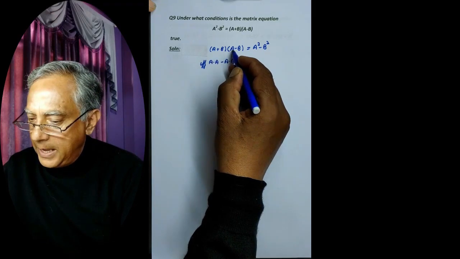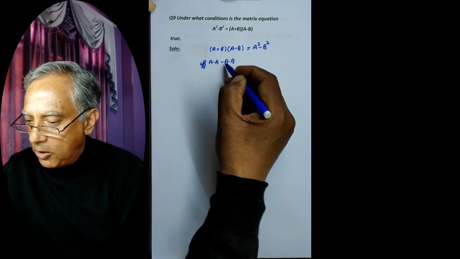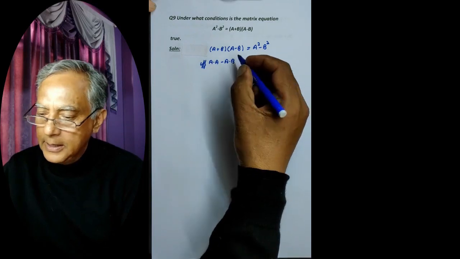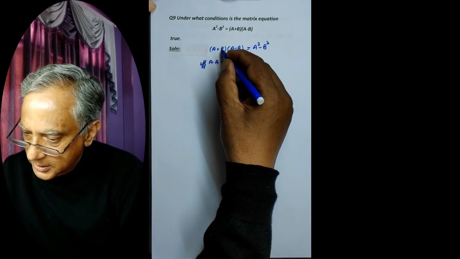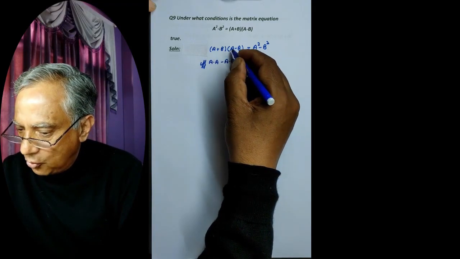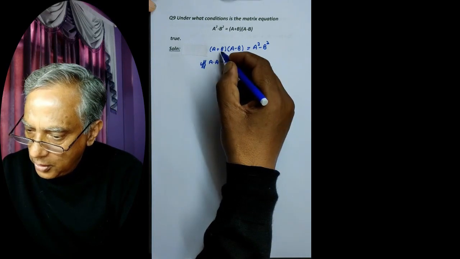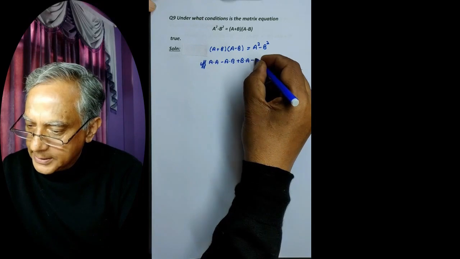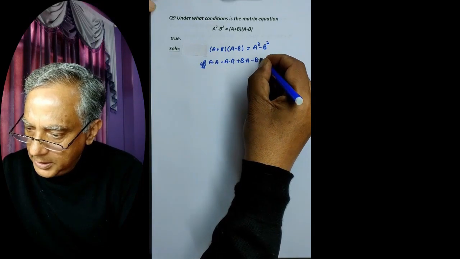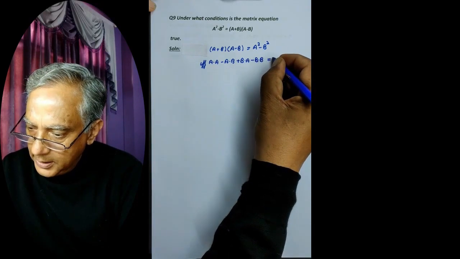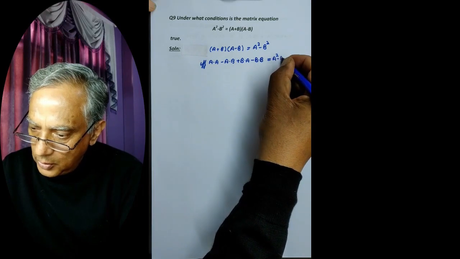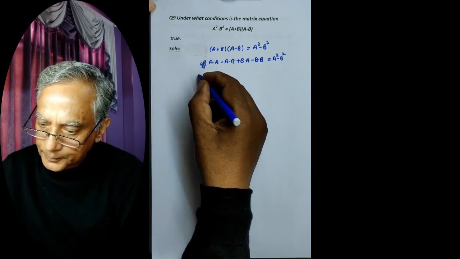Therefore, if you are multiplying this with A from left, it must be kept on left side. This is B is on the left. So in this term, we must write B into A. This into this minus B into B. This is equal to this.